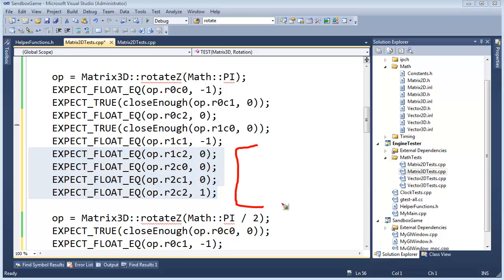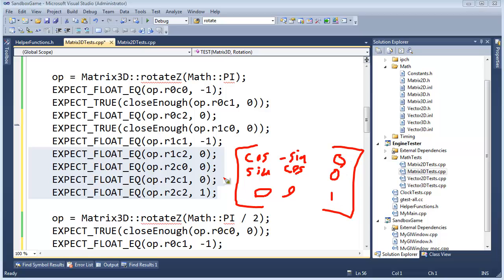Again, let me just draw that up again for my sanity and for yours. Cosine, sine, negative sine, cosine, 0, 0, 0, 0, 1.